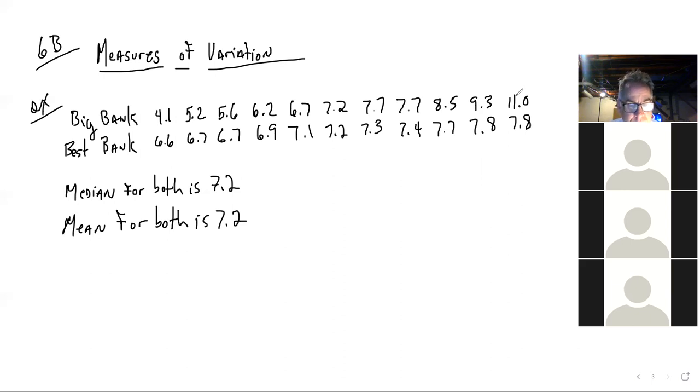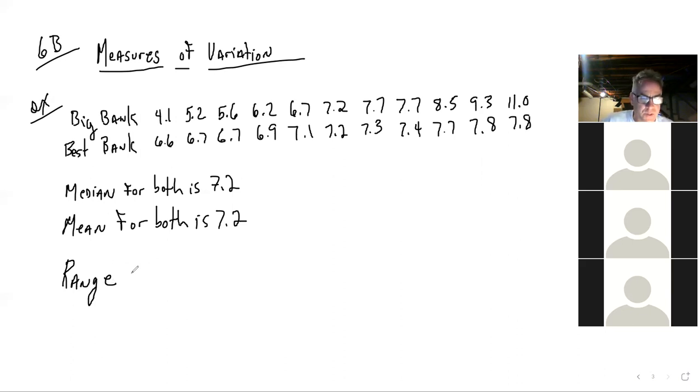So, it's a good example of looking at why variation is important. So what we're going to look at is different ways to measure variation in data. And the first is what we call, the simplest, range.